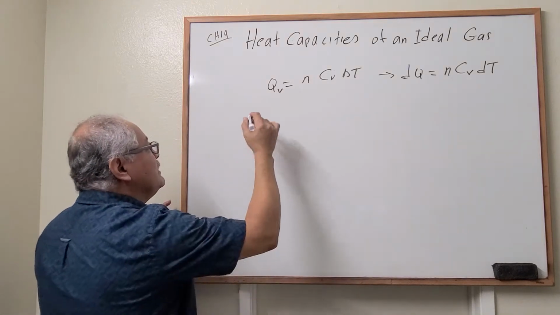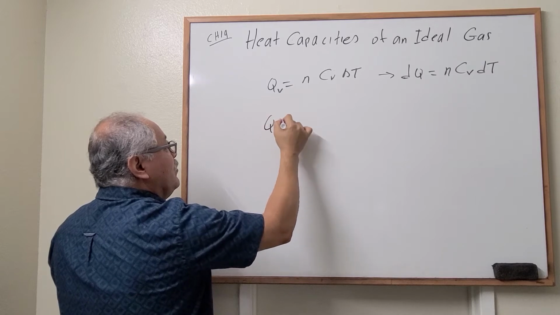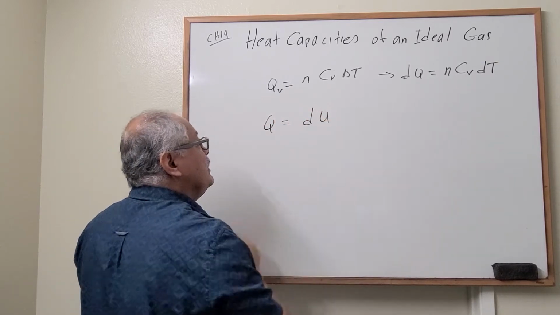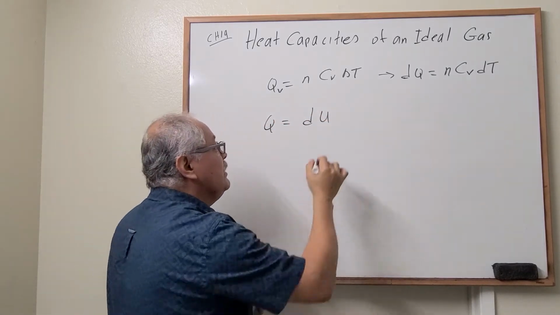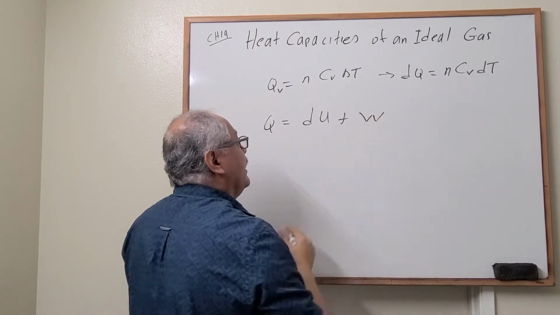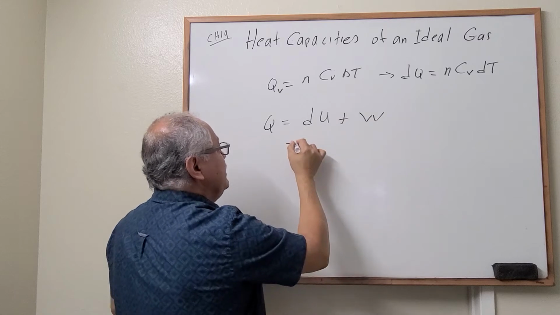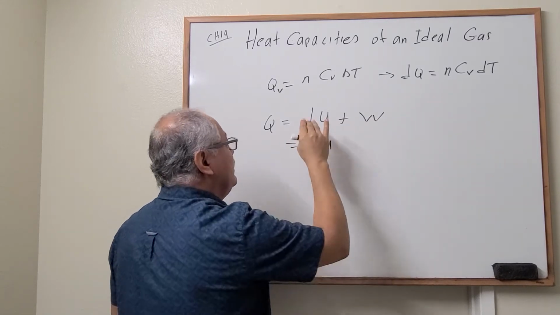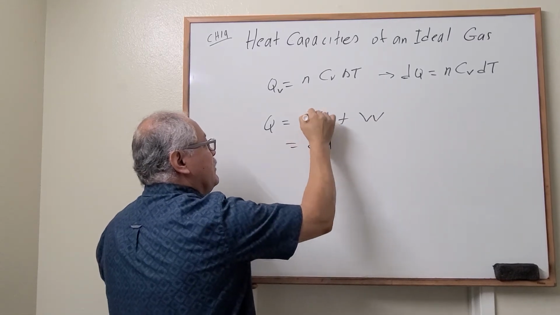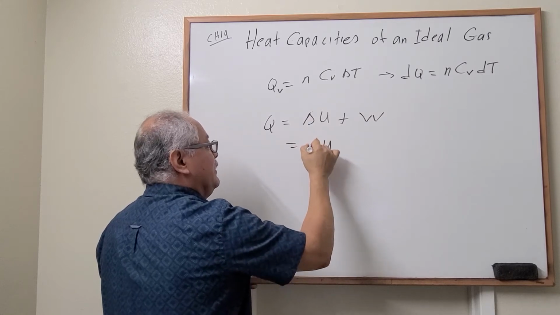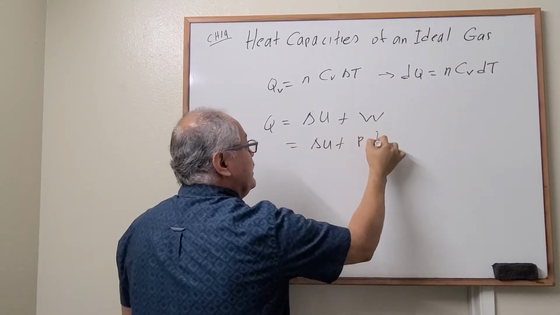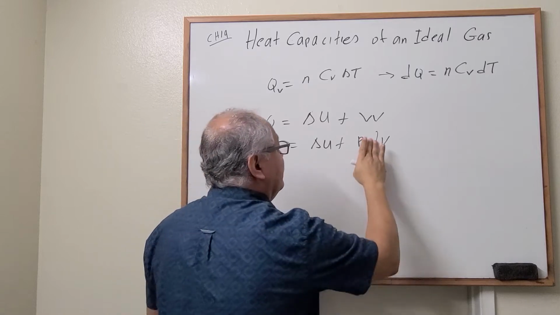We found that heat is equal to the change in internal energy, correct, plus work done. For big changes, for example, Q equals delta U plus P delta V, correct?